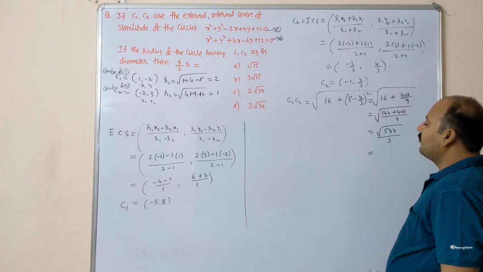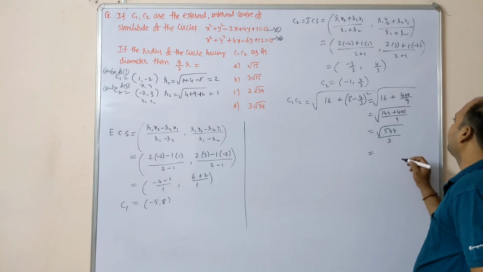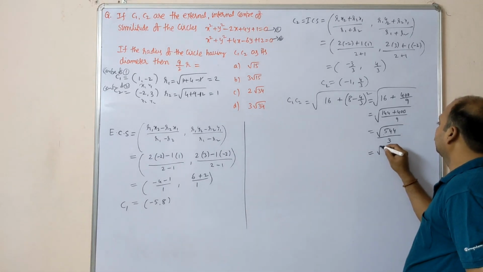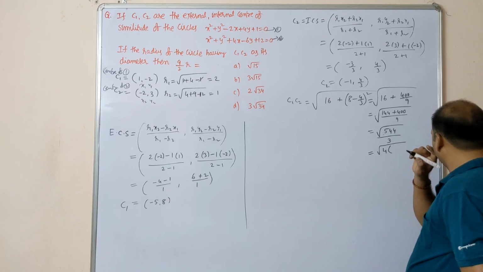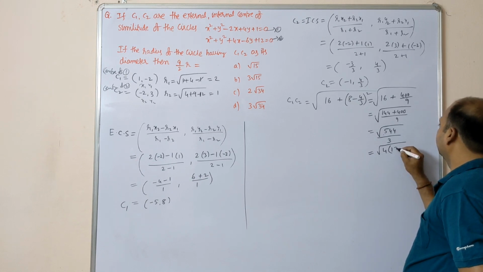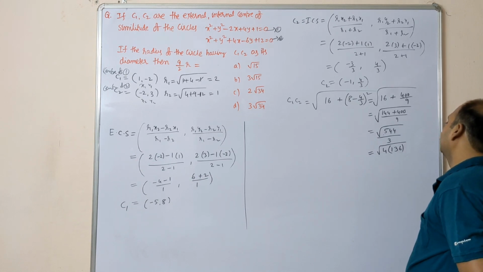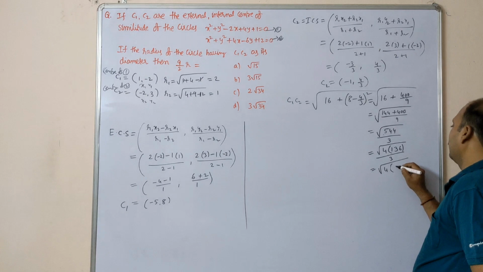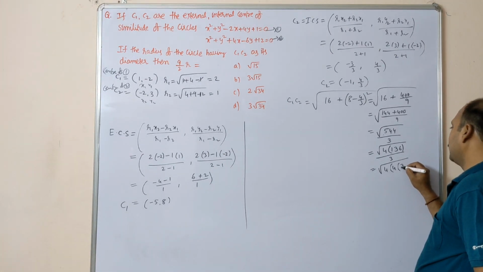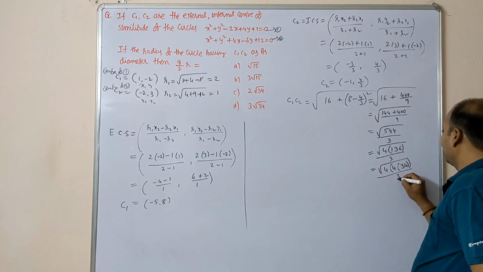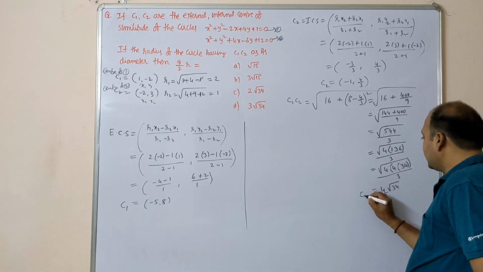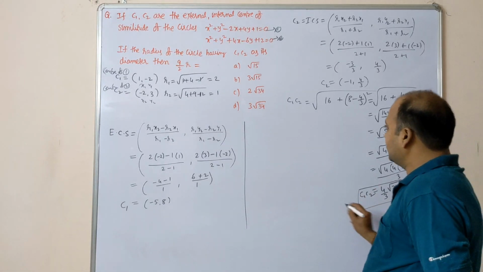In 544, 4 we can take common, and again 4 take common, so 16 means 4 we can take outside: 4 root 34 by 3. This is the C1, C2 value, dear students. Keep it like this.